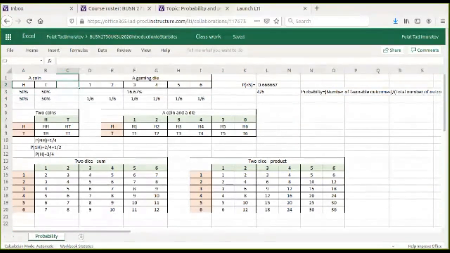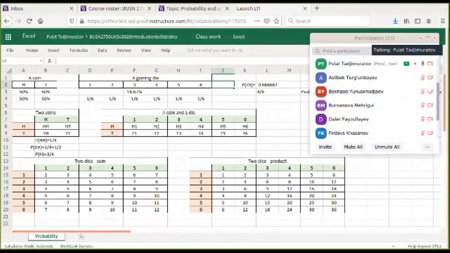It's like some kind of physical property of a coin, or a physical property of a die, like its mass or its size and so on. But it's not true. Probability depends not only on the event itself, but also on our knowledge about the event.